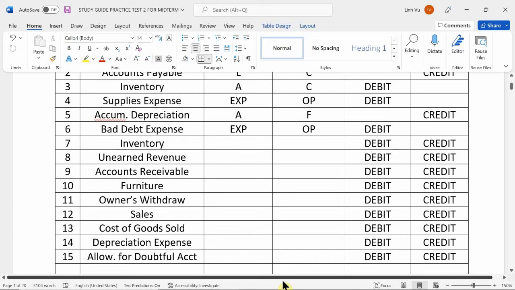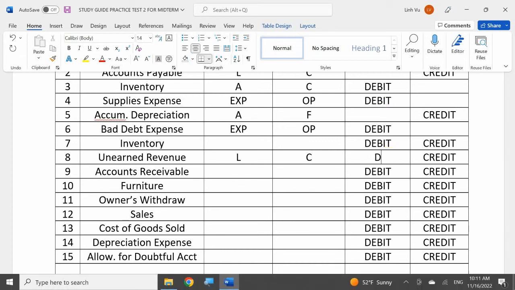So in this case, this becomes a liability because I now owe my customer the service. And usually, you would not likely owe them for a year later. So most likely, when you pay somebody in advance, you hope to have it done within a year. So in this case, since it's a liability, it's going to be normally credited.